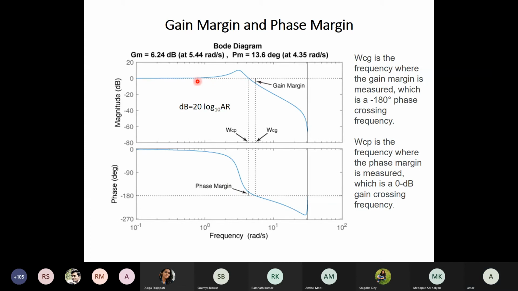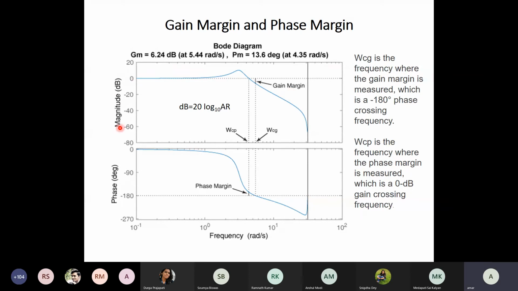Whereas, if you take the phase crossover frequency, where the phase is minus 180 degrees, I will get the Bode plot like this, and I get the amplitude ratio at this value. This amplitude ratio is less than 1, so the difference between 1 and this value is the gain margin.